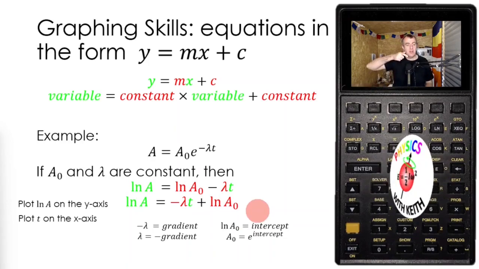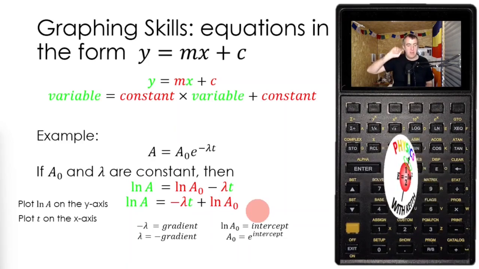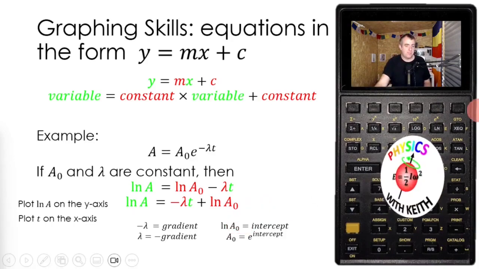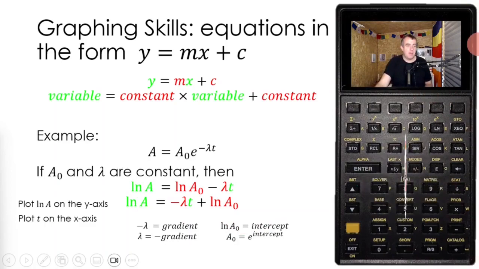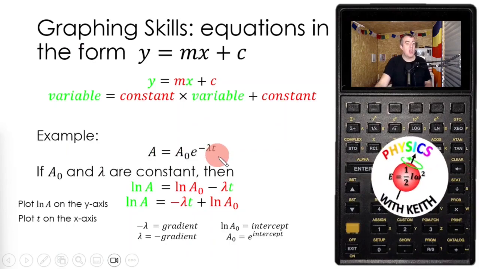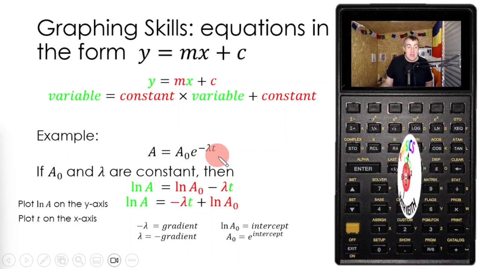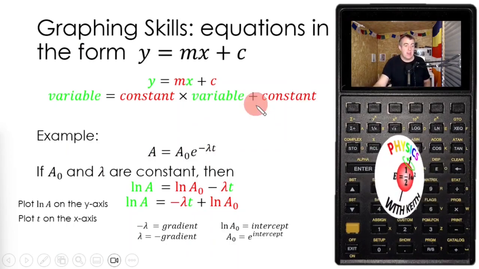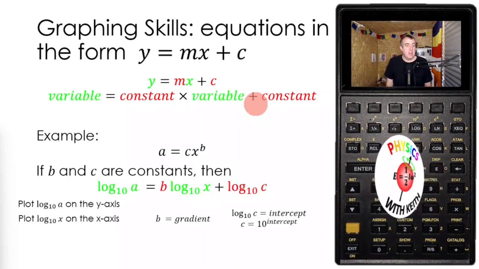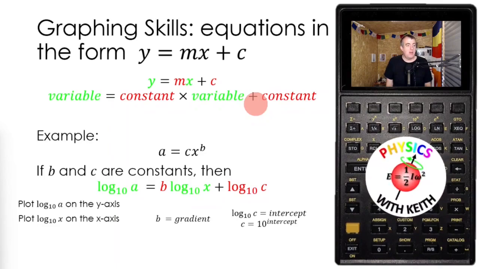Remember that the natural log and e to the power are inverse functions. So that's fine, but we've taken something that would have been an exponential decay and turned it into a linear graph. Really, really helpful.